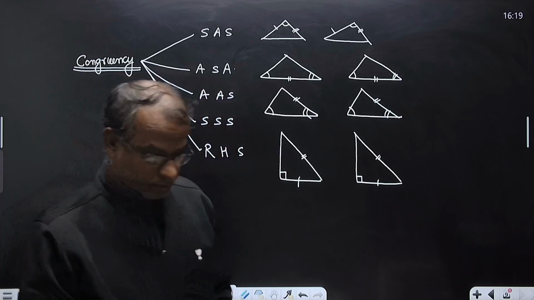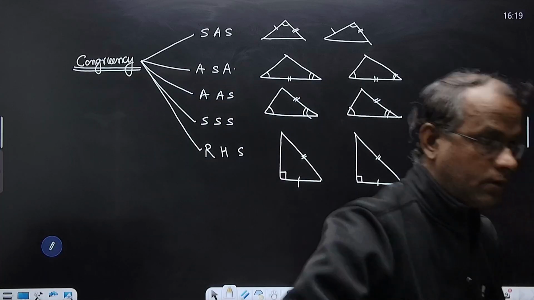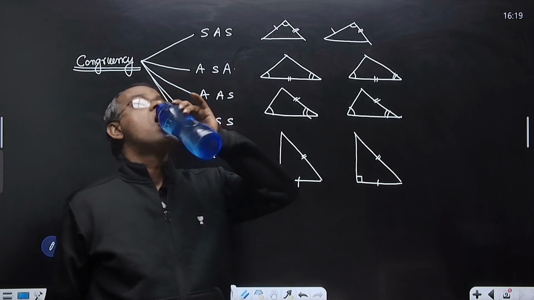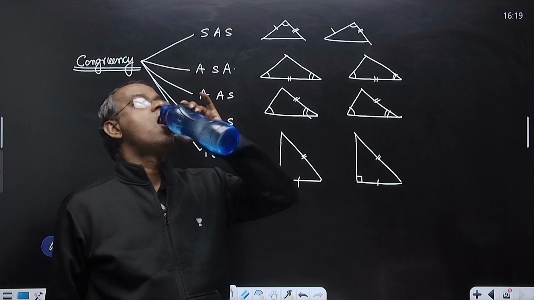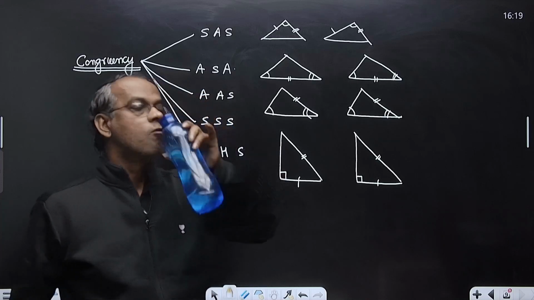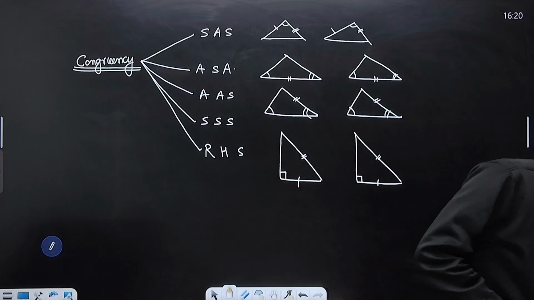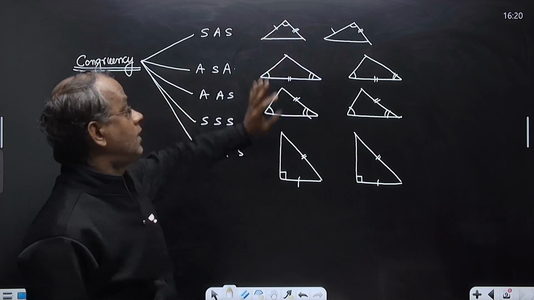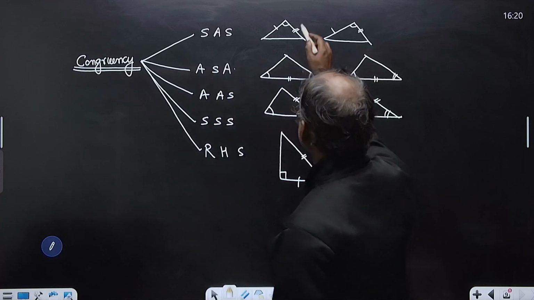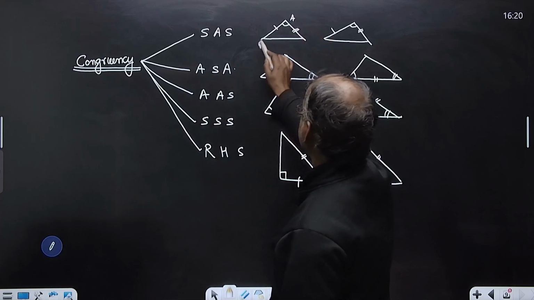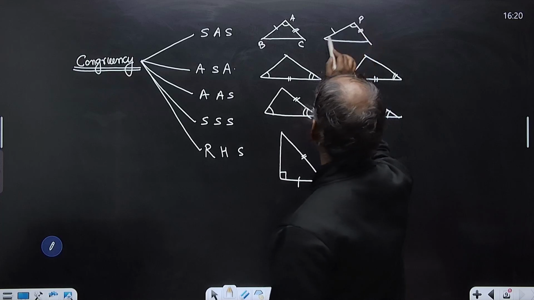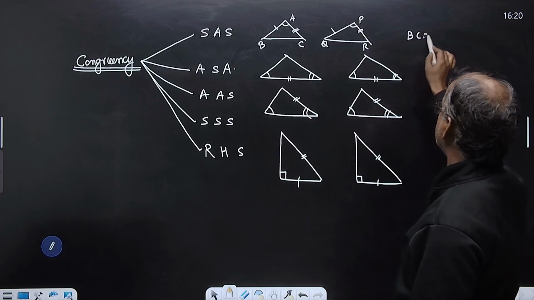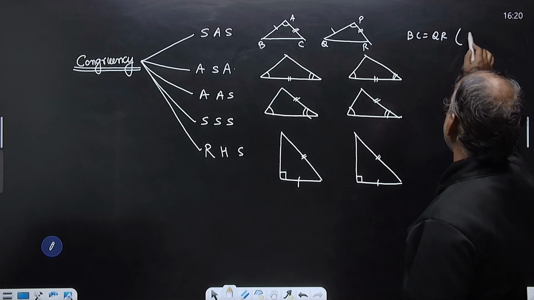Now, if two triangles are congruent, one can be superimposed on the other. Now see, if somebody says this is ABC, this is PQR, and then I say BC is equal to QR, we write it as CPCT.